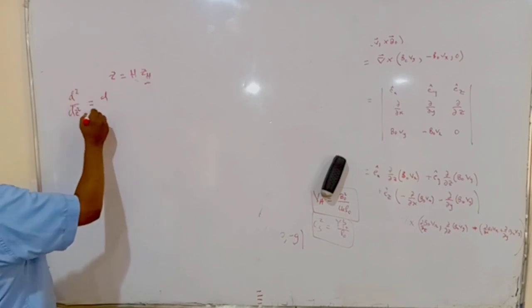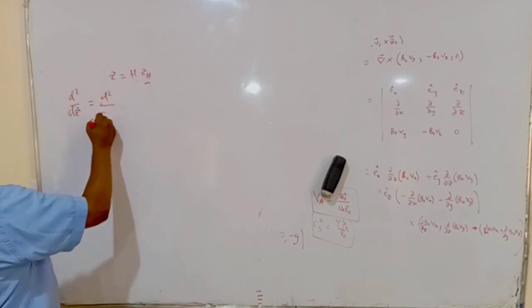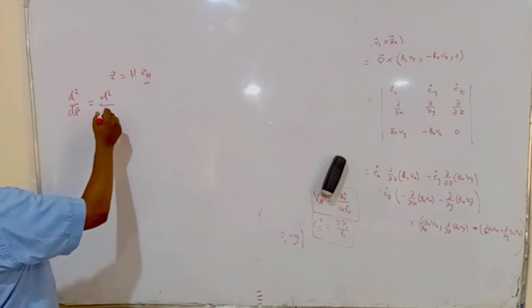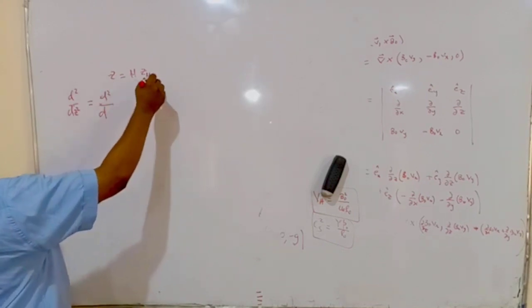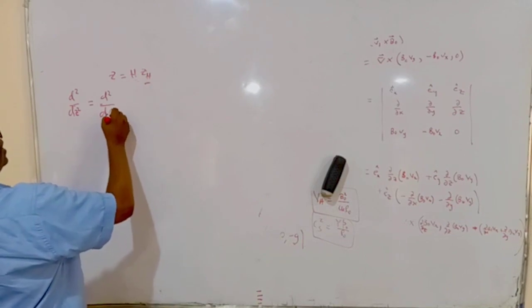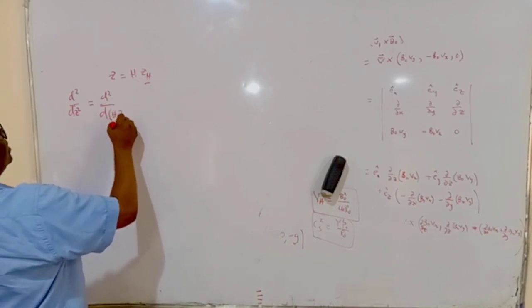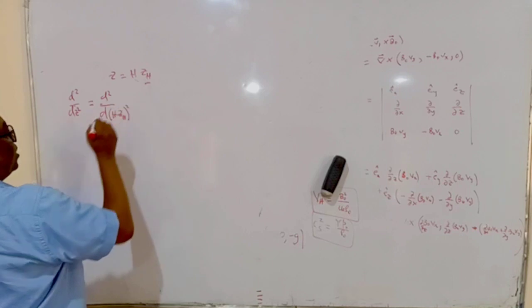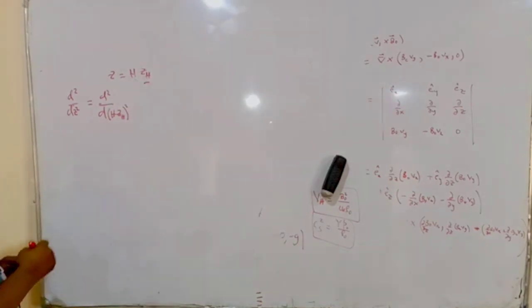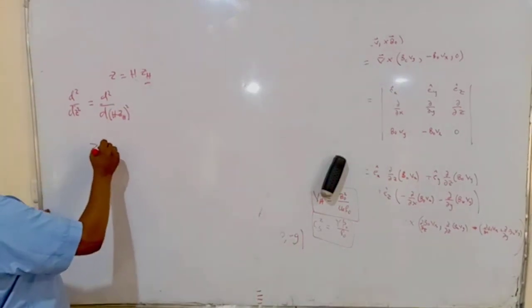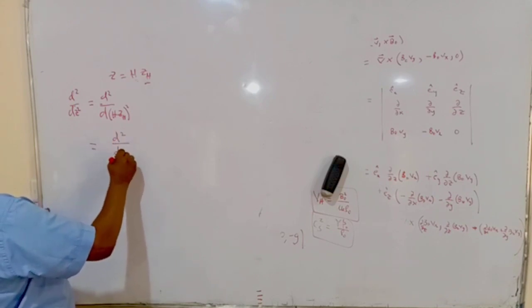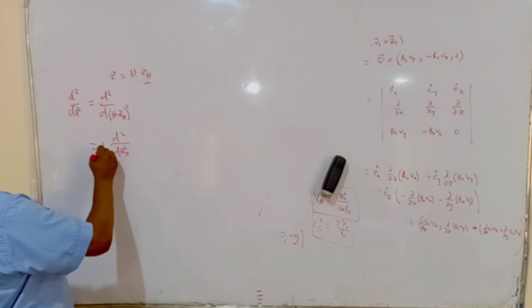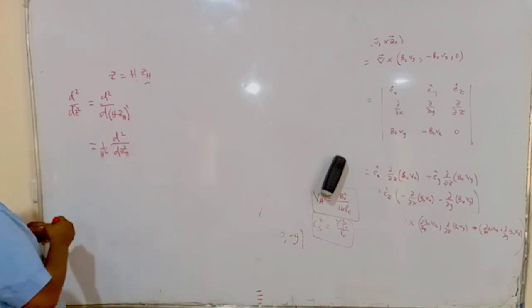If I take this, I will have H of this all squared. That gives me d2 by dZh squared multiplied by 1 over h squared.